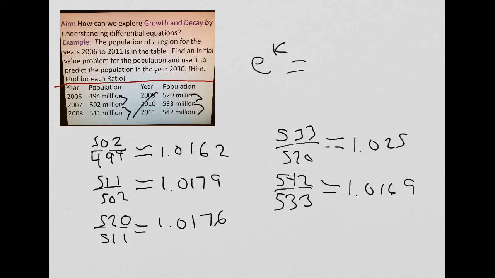If you take a look at all of these numbers, the first one being 1.016, the next 1.018, the next is also 1.018, the next is 1.025. That one grew pretty much higher than the other years.